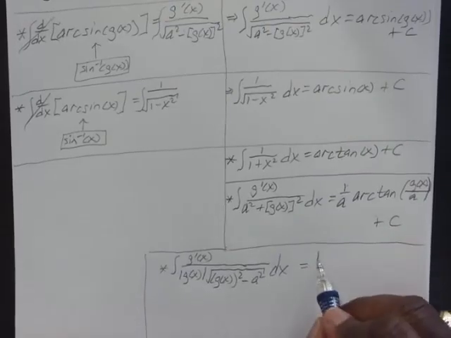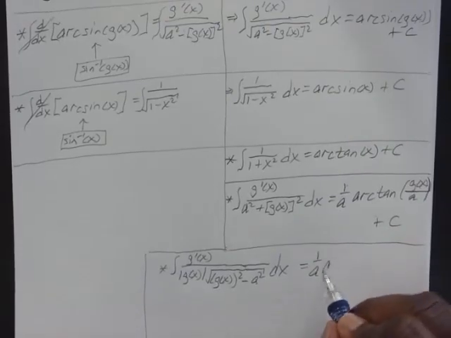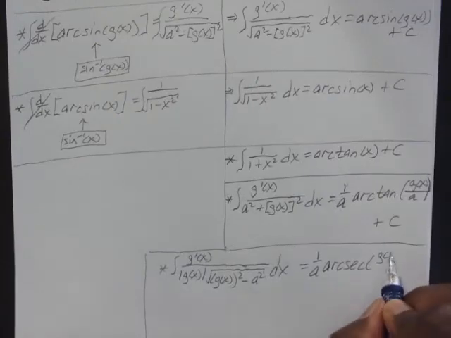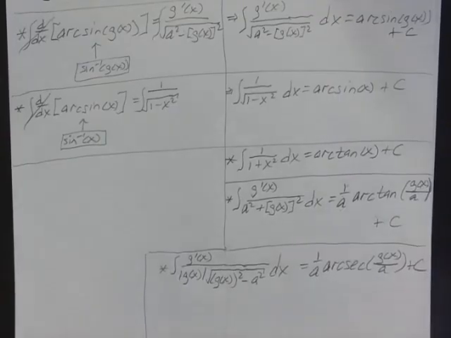And that's going to equal 1 over a times arcsecant of g of x over a plus c. Still almost ran out of room.